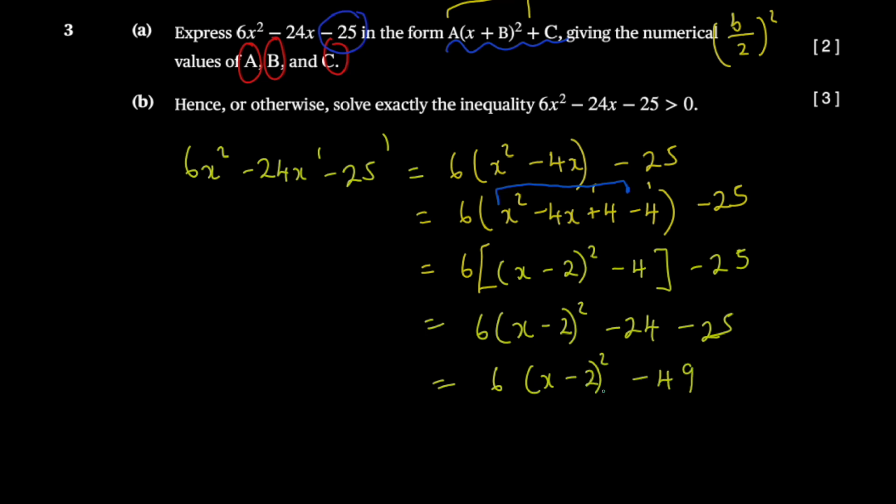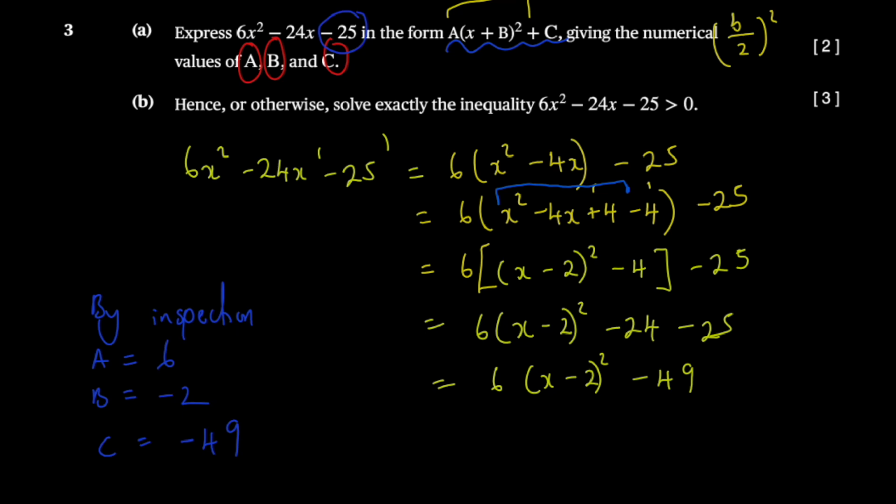This is an elegant way of working out this problem, and you can now say by inspection, so they will know that you're comparing this and this. Your a is equal to 6, your b is equal to negative 2, and your c is equal to negative 49.